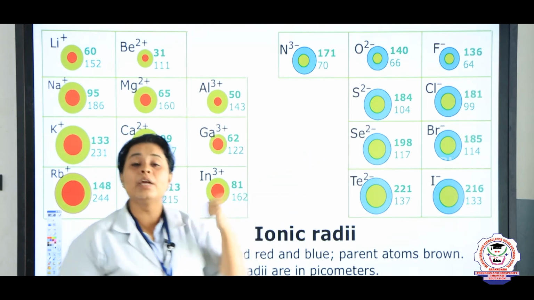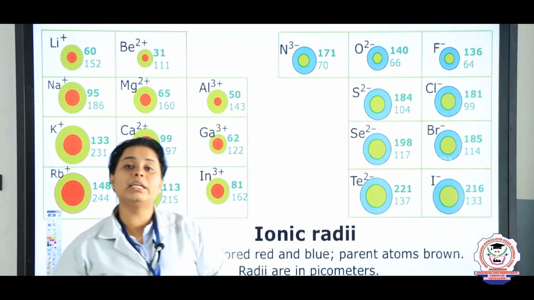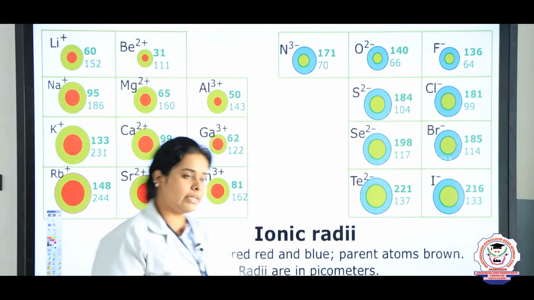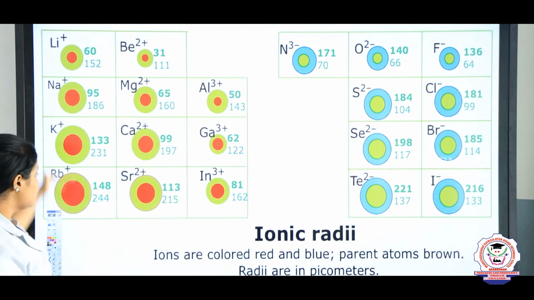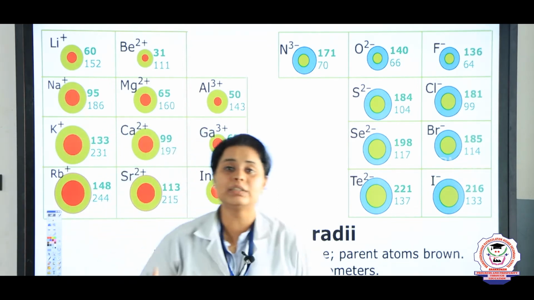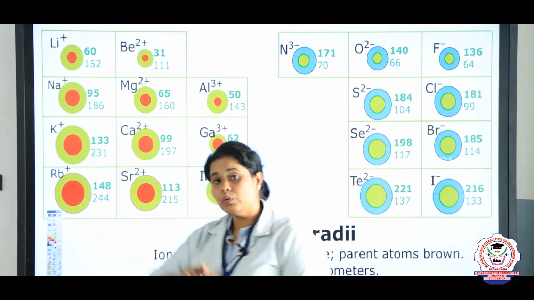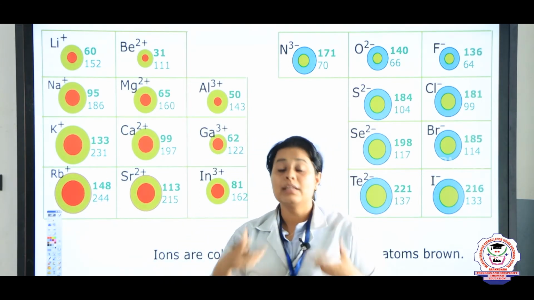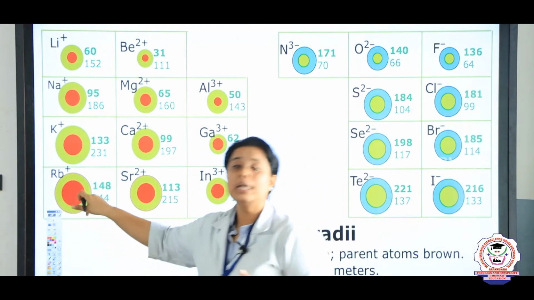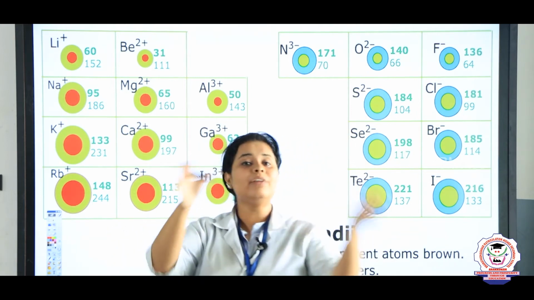So here you can see that from the left hand side to the right hand side, the atomic radius increases. In the same way the ionic radius will also increase from left to right, and when you are coming down the group, again I said that the number of shells increases from top to bottom. Even after removal of the last shell, the size of the last atom, that is Rb, rubidium, will be higher because it already had 5 shells.